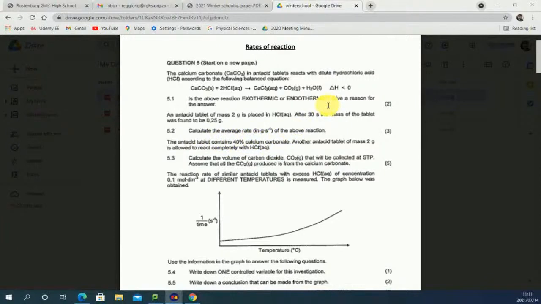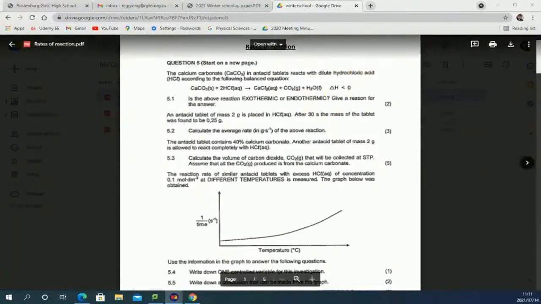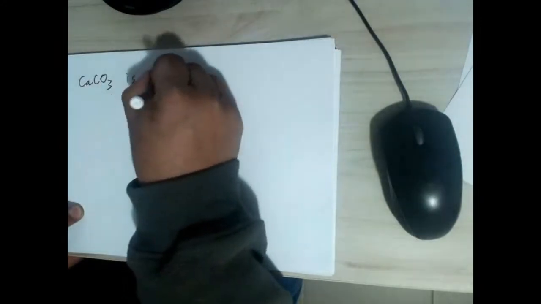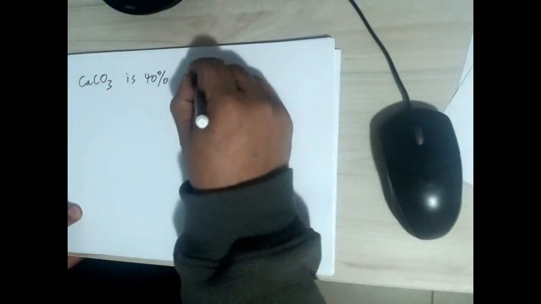which means, if I look, the calcium carbonate is 40% of the tablet.